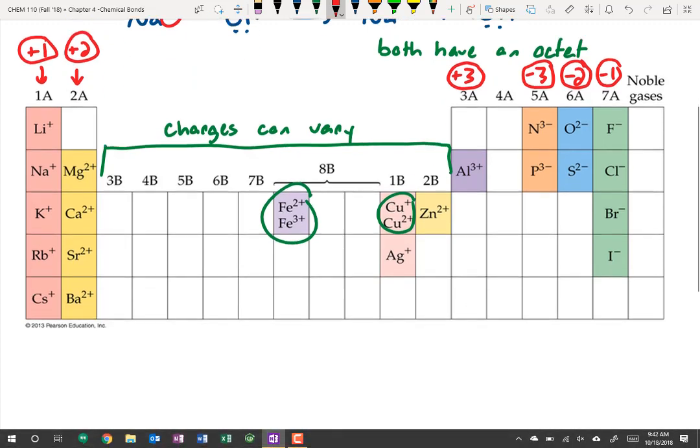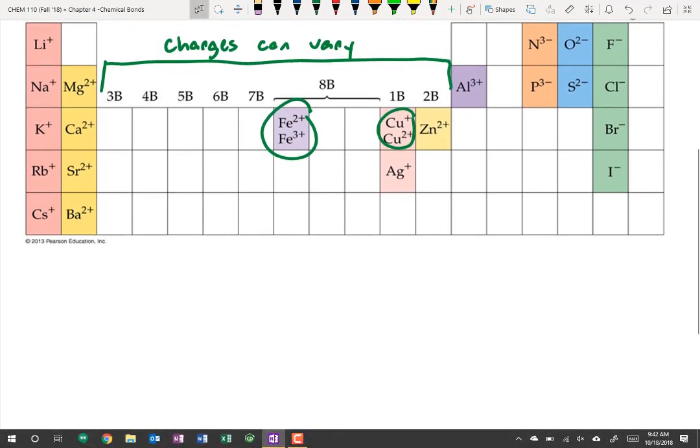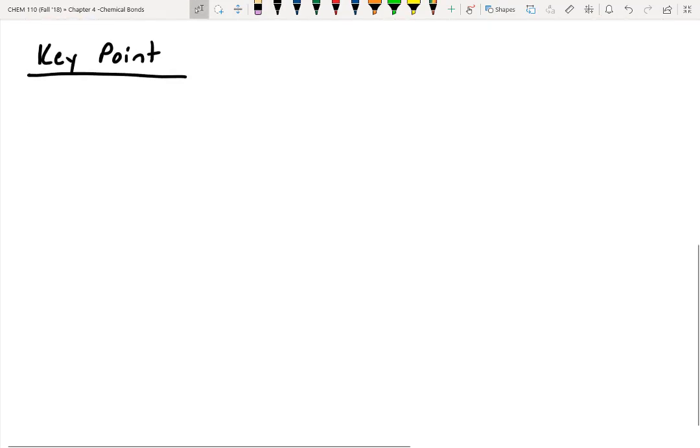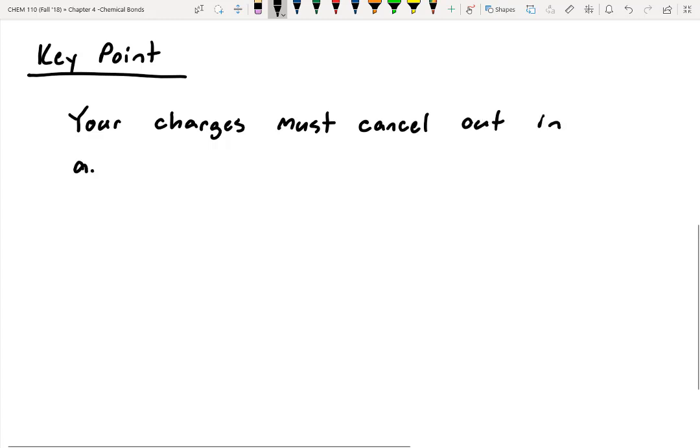All right, so I'll show you a few key points about ionic compounds. The first is that charges must cancel out in an ionic compound.